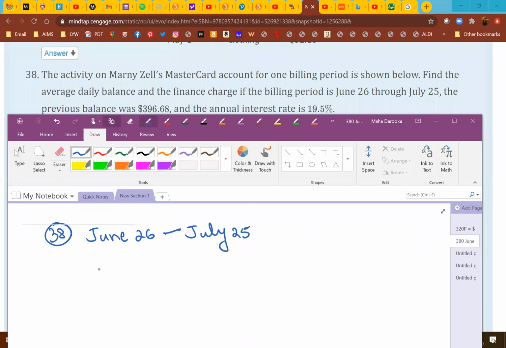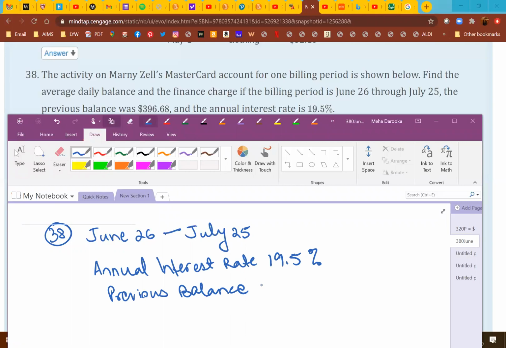Our annual interest rate is 19.5%. And let's see what else they're telling us. The previous balance is $396.68.